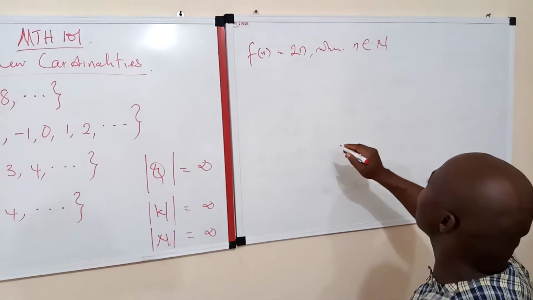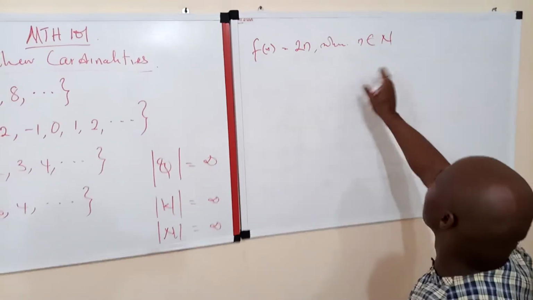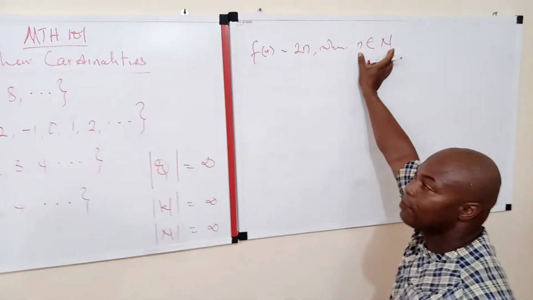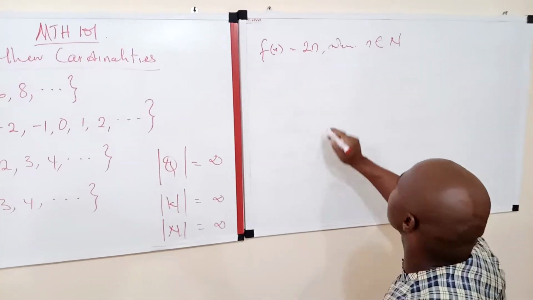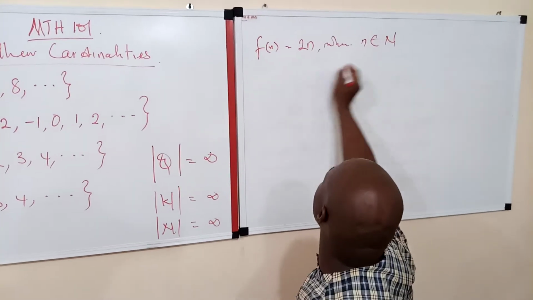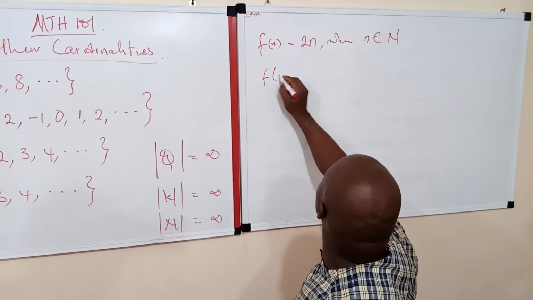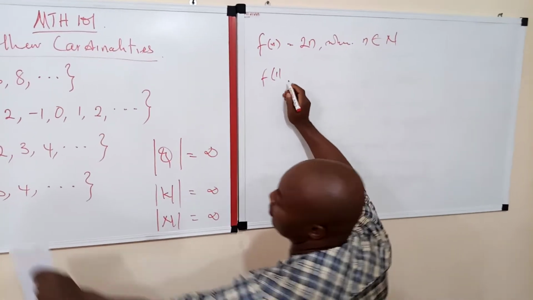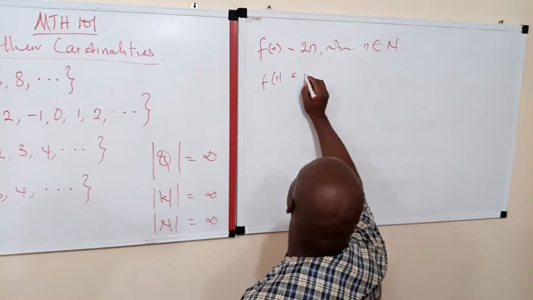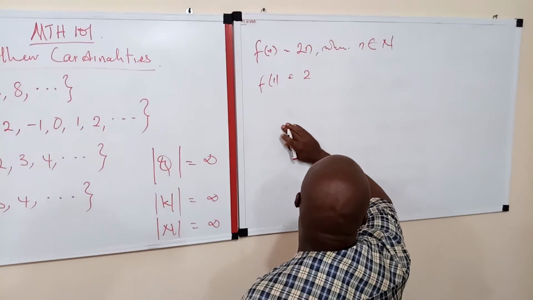Now, as we did in the previous case for that of finite set, we know that these are the domain variables, and the output from here will be the range variables. So for n equals 1, f of n becomes 2.